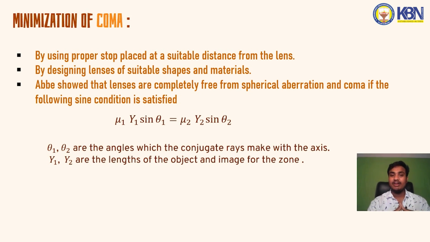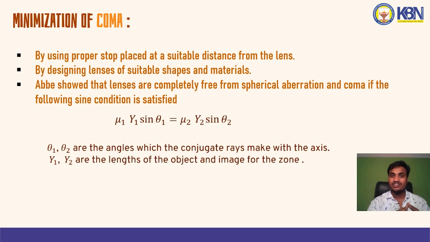The relation is given by mu1 y1 sin theta 1 equals mu2 y2 sin theta 2, where y1 and y2 are the lengths of the object and image for the zone, theta 1 and theta 2 are the angles which the conjugate rays make with the axis, and mu1 and mu2 are the refractive indices of the object and image spaces. If you follow these three methods, we can eliminate or minimize the coma defect.